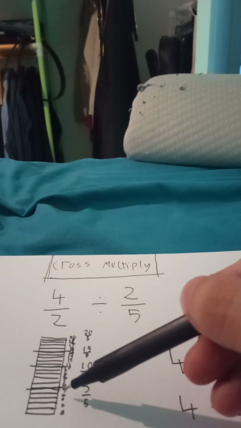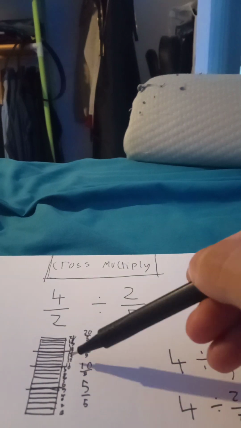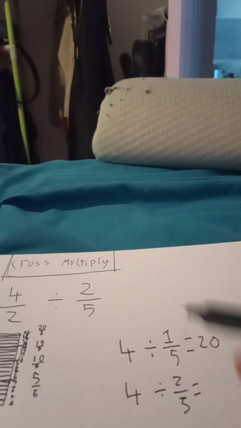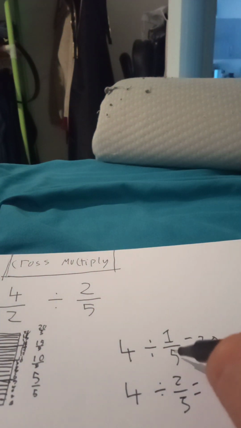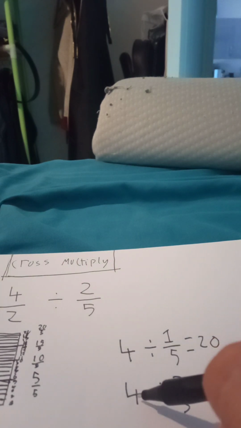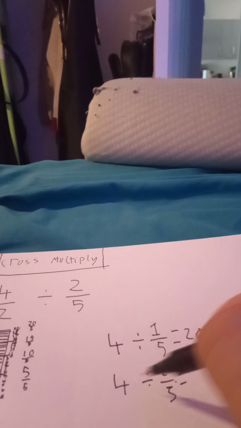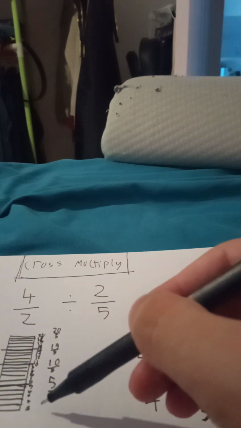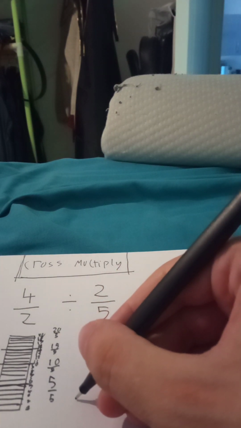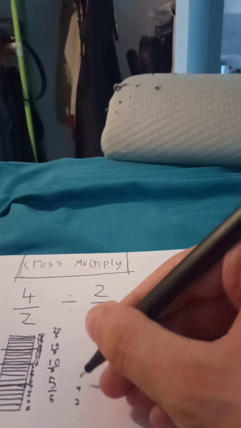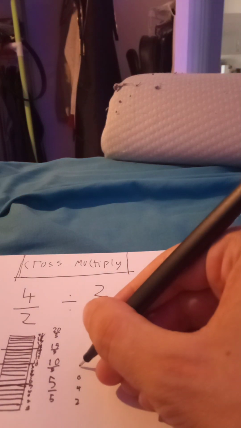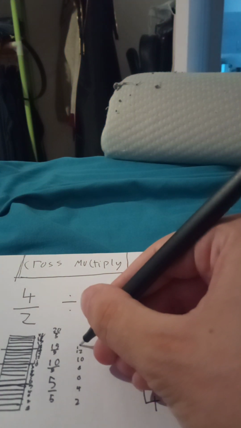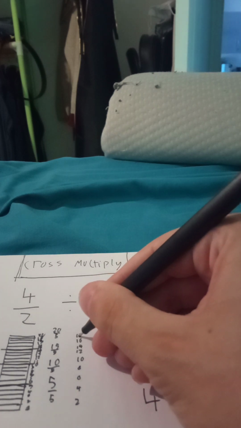But instead of going 1, 2, 3, 4, 5, 6, up to 20, we're taking steps of 2. We're not dividing 4 by 1/5, which is 0.2. We're dividing 4 by 2/5, or 0.4. So we're going to take steps of 2, and if we do that, what we get is 2, 4, 6, 8, 10, 12, 14, 16, 18, 20.